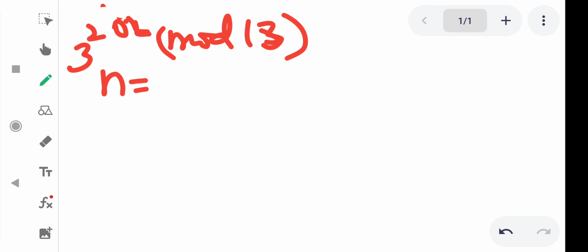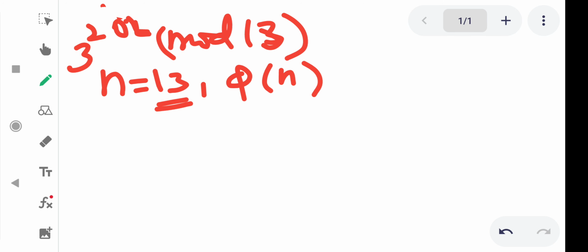Here n equals 13 and phi of n is, here n is prime, so the formula is phi of n equals n minus 1, that is 13 minus 1, 12.